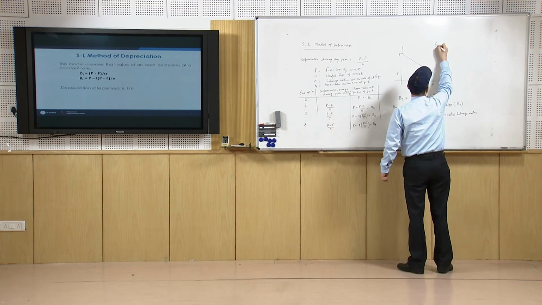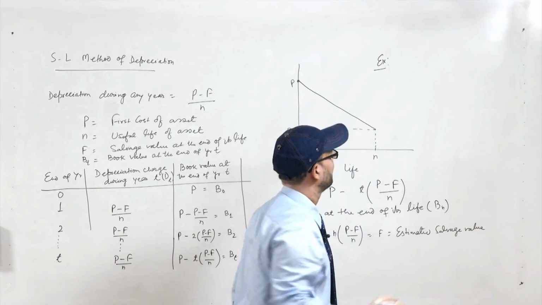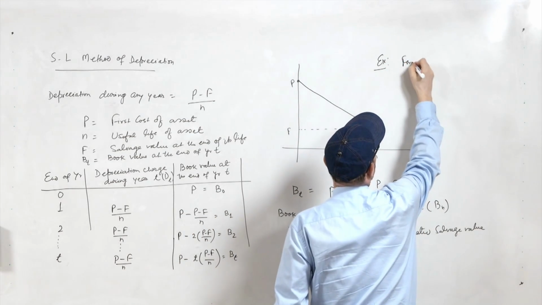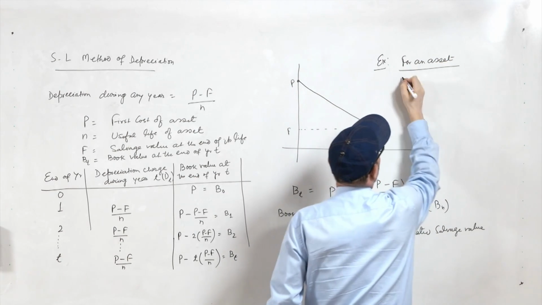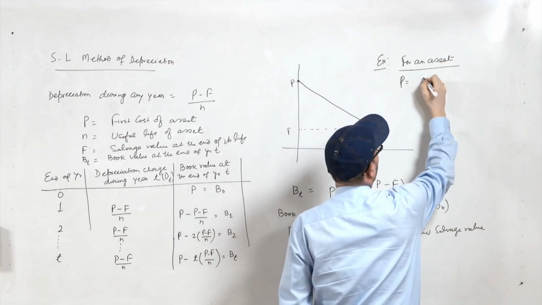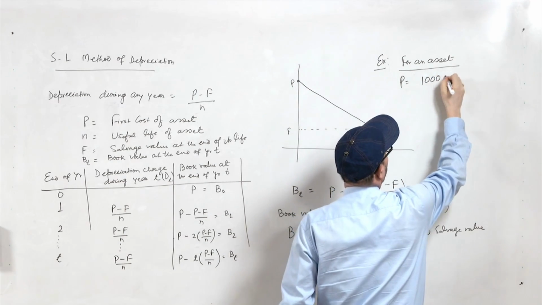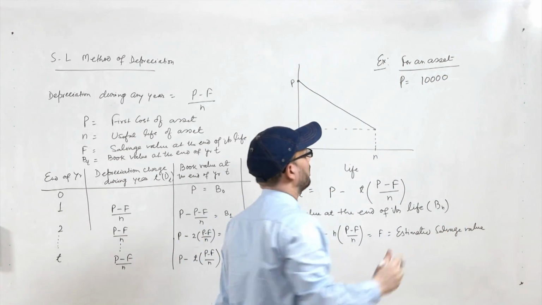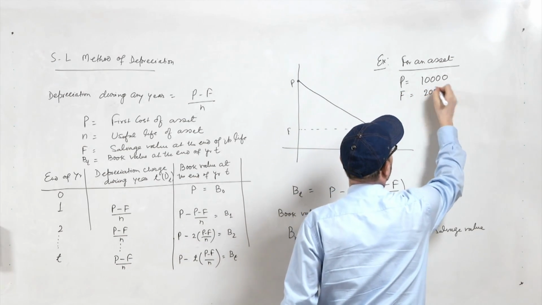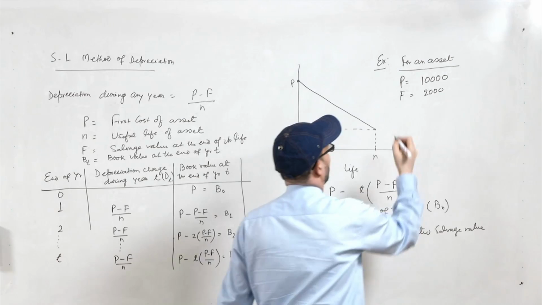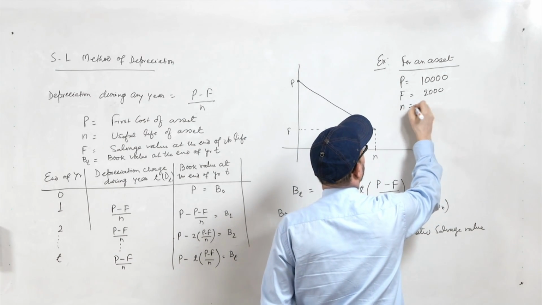Suppose there is an asset with P equal to 10,000, F as 2000, and n as 5 years.